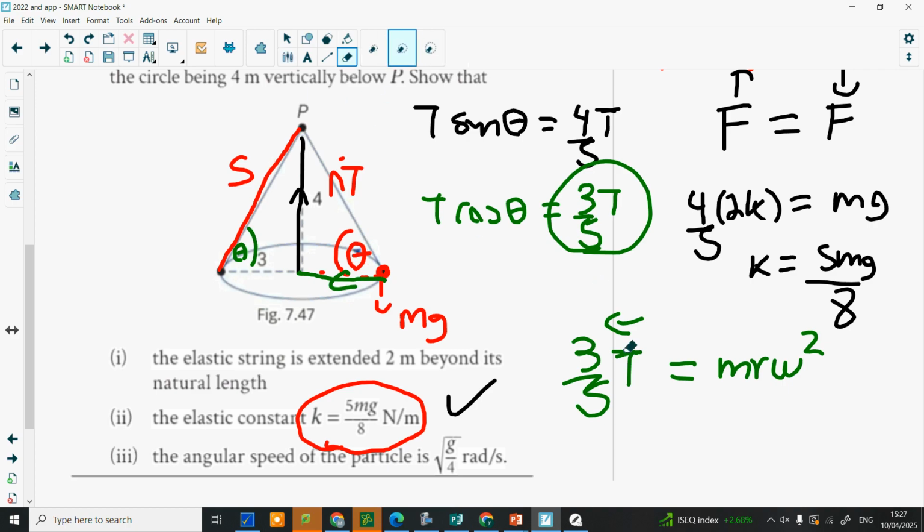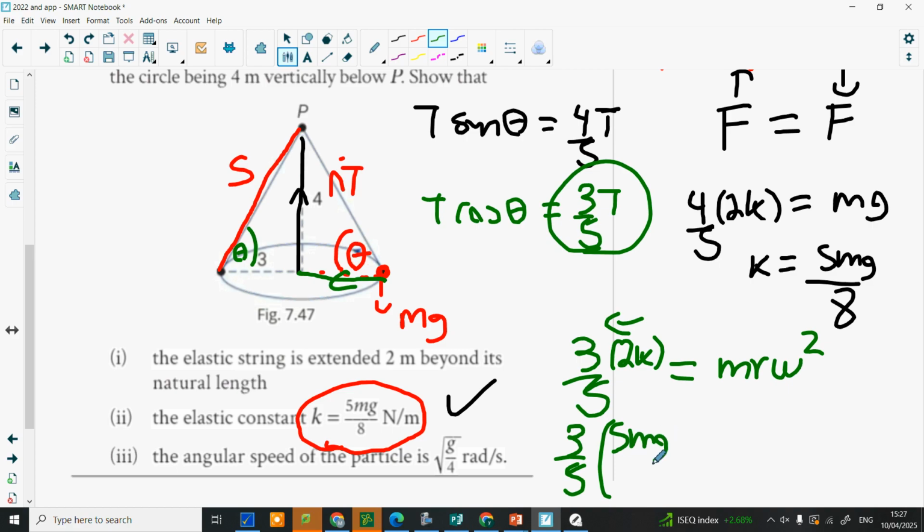What do we say about T? T is the same as 2k. And 2k in turn is the same thing as 5mg over 4. That's what happens when I multiply it by 2. The 8 turns into a 4. So I subbed in the 2k. Now what happens?